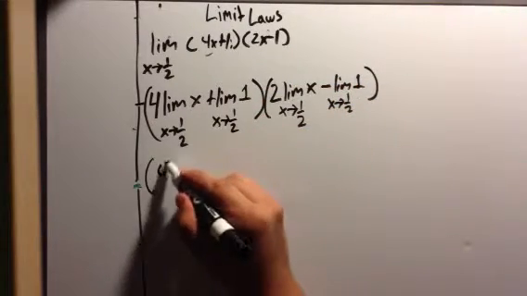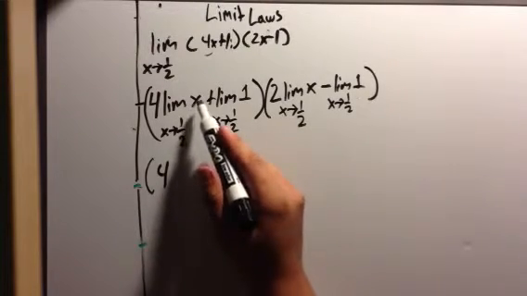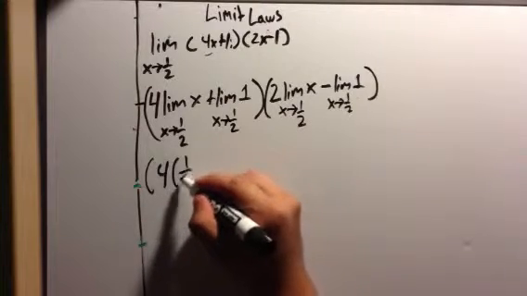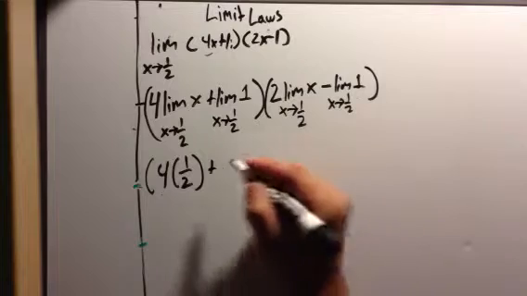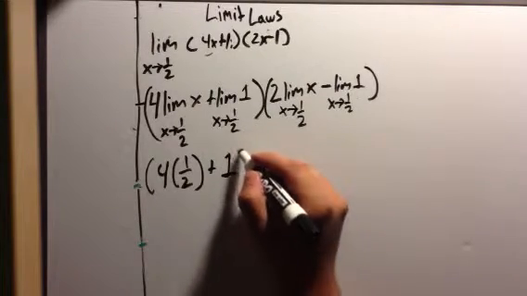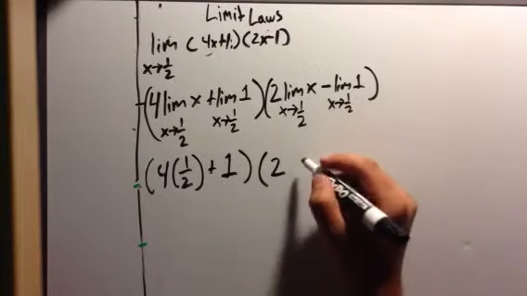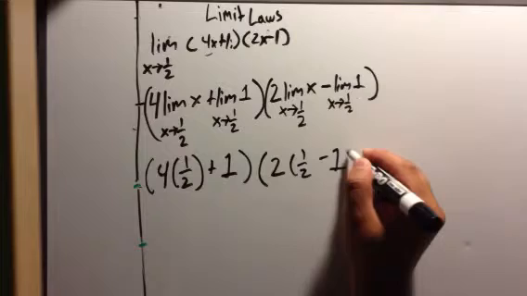So now, let's just evaluate this. Knowing our limit laws, it's 4 times 1/2 plus 1, times 2 times 1/2 minus 1.